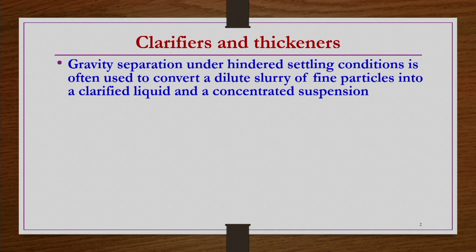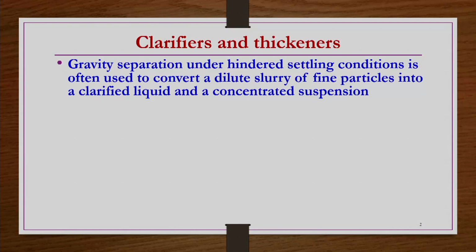Clarifiers and thickeners. Gravity separation under hindered settling conditions is often used to convert a dilute slurry of fine particles into a clarified liquid and a concentrated suspension. Here the separation is based on the settling velocity of the particles, but it is not a single particle; there are a large number of particles, so hindered settling conditions may prevail.